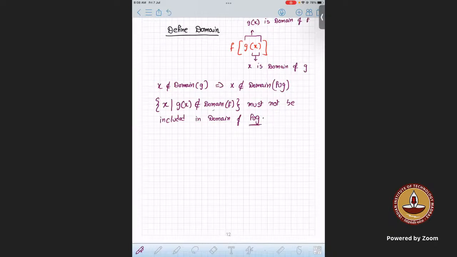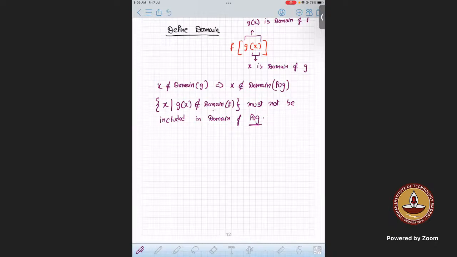Now, what is the use of this composition of function? Can anyone tell me? It is used to manipulate many functions by combining them into one function.